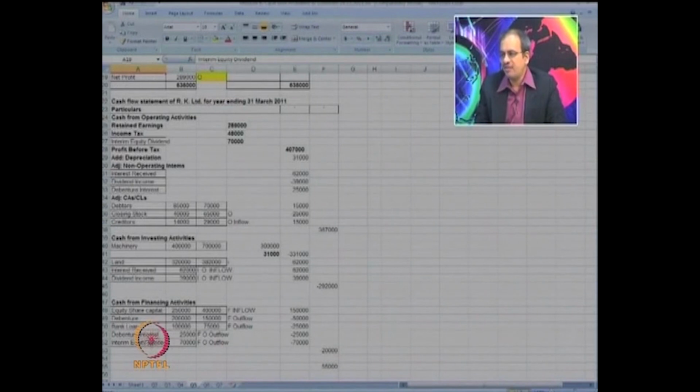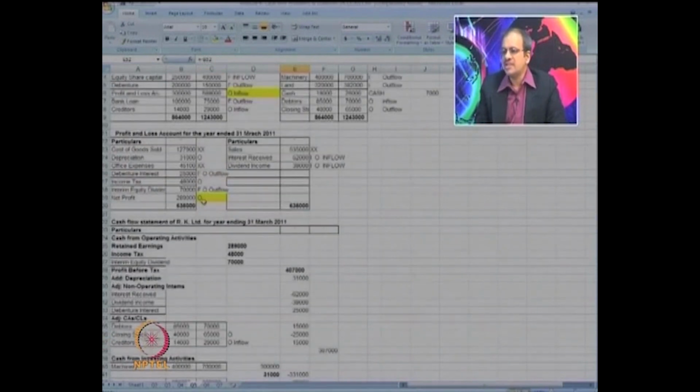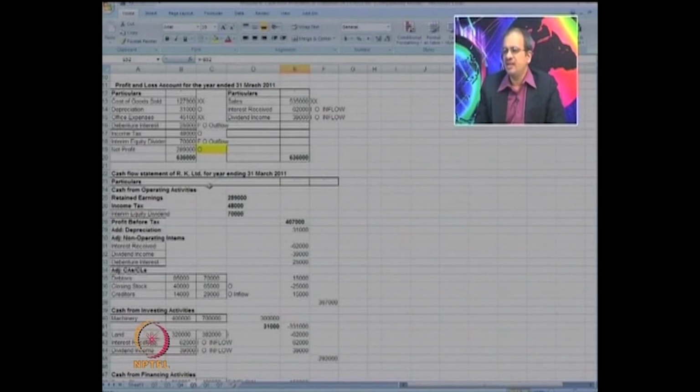Take a look under financing flows, both have been recorded as outflows. So, these are F outflows. Now, each of the P&L items will have a second effect in the operating flows. So, now you can come to cash flow from operating activities. You will see that interest received has been deducted, dividend income has also been deducted.